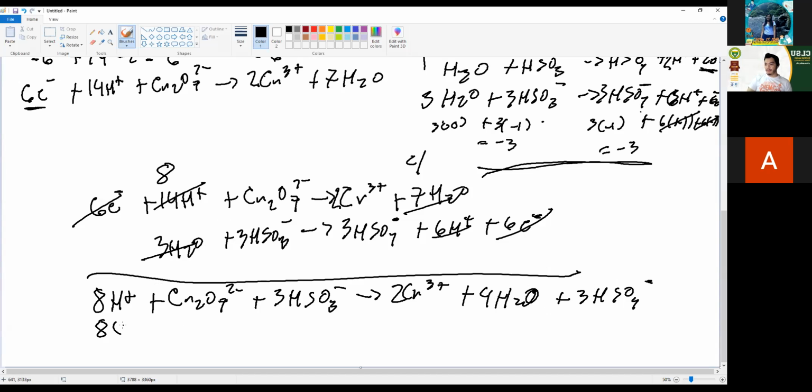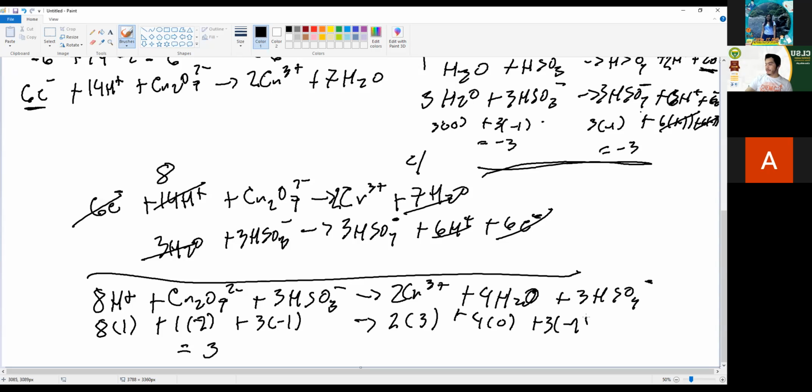So ang charge, so 8 times 1 plus 1 times negative 2 plus 3 times negative 1. So 8 minus 2 is 6 minus 3 is 3. Yan. Tapos sa right side, so 2 times 3 plus 4 times 0 plus 3 times negative 1.